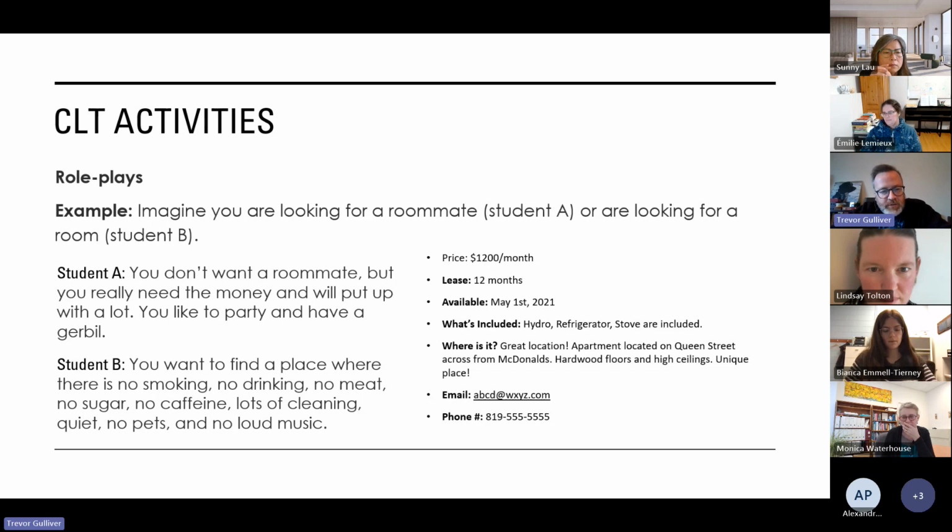Imagine you're a roommate, you're looking for a room, and then the student who has a room must respond to your requests. So student A imagines they're looking for a roommate, student B imagines they're looking for a room, and then they have all the details of the room and they engage in a dialogue, a role play around these details. This kind of thing looks very familiar, I think, to anyone who's worked with communicative language teaching textbooks.